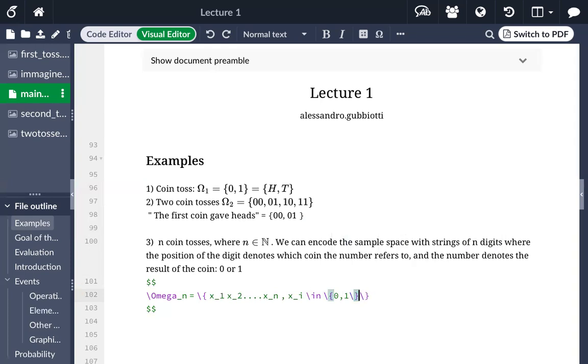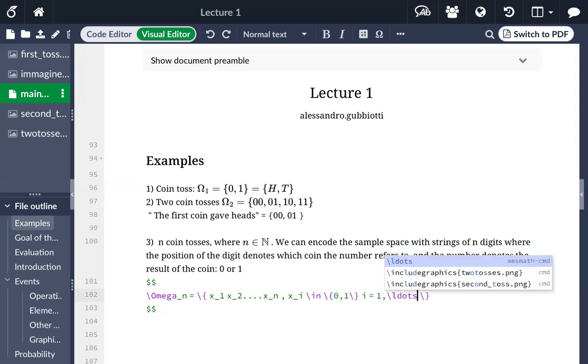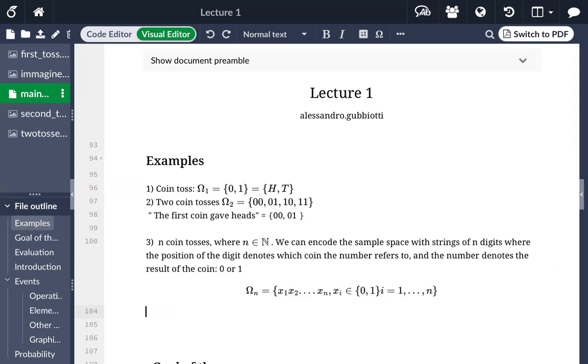So the digits are either 0 or 1, and there is a total of n digits, so i goes from 1 to n. This is a way to write it. It's exactly what is written above. So omega n is the set of strings with n digits, where each digit belongs to 0 or 1.